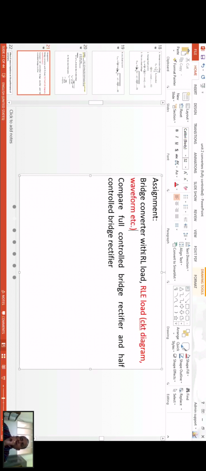You don't have to do the RLE load, but with the RL load, please do the circuit diagram and waveform, and try to find the average DC voltage and RMS voltage, and compare the fully controlled bridge rectifier and the half controlled bridge rectifier. What is the difference between the fully controlled bridge rectifier and the half controlled bridge rectifier? Please try to do the comparative study. It's there in the textbook. If you have P S Bimbhra, this comparison is clearly written in tabular form. So please go through this comparison.